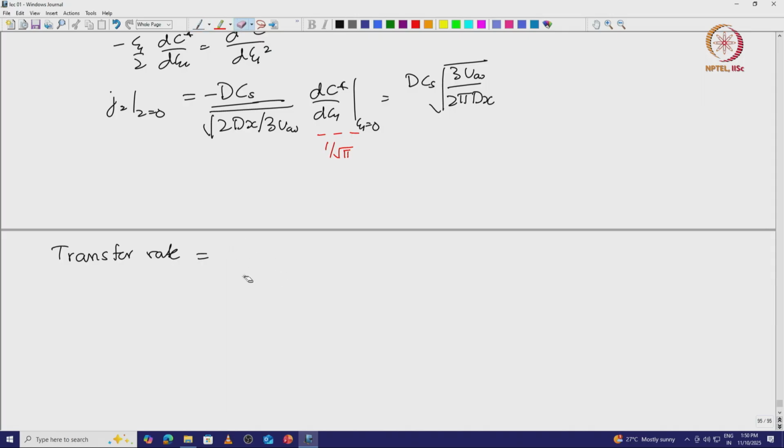Rather than the total transfer rate I will just define the average transfer rate.